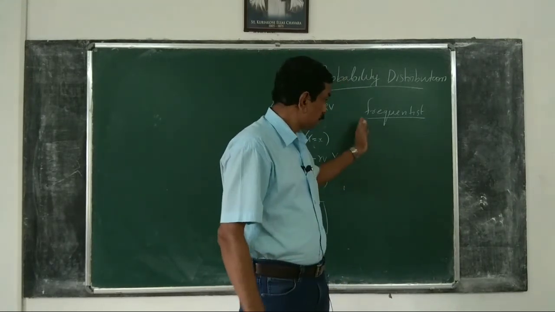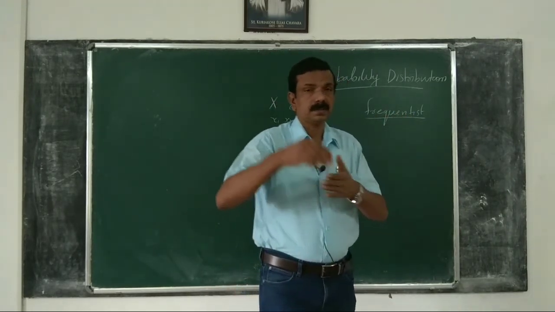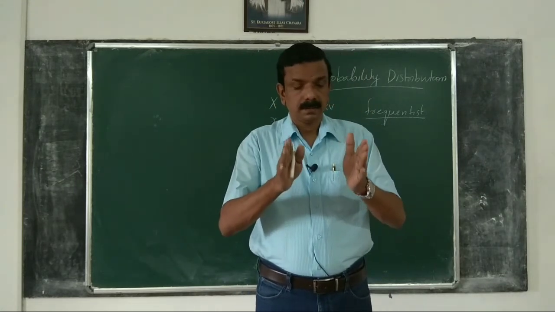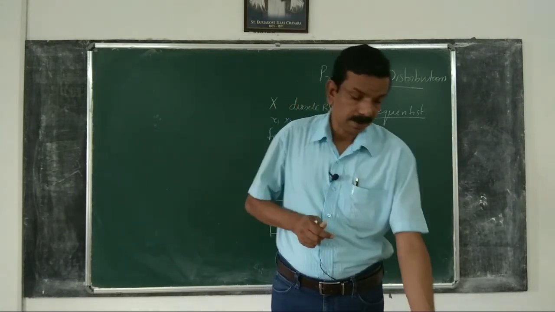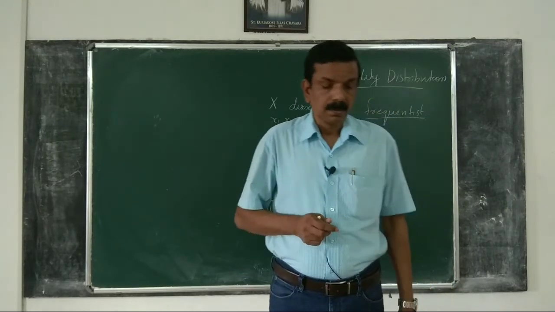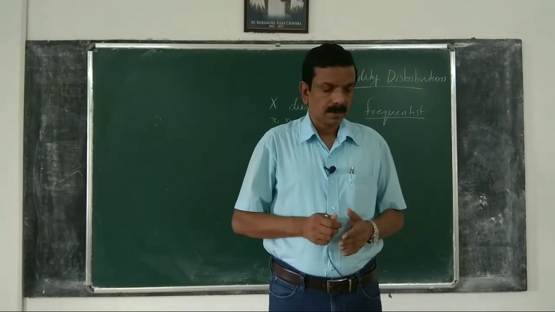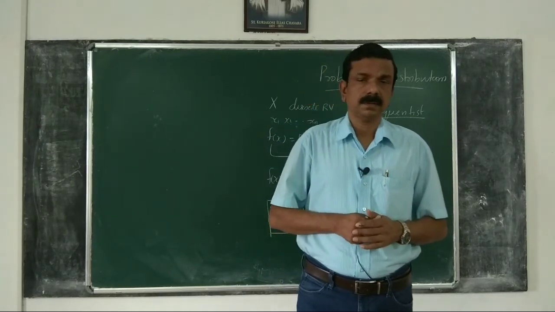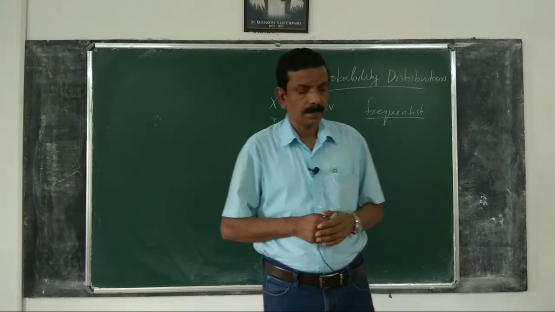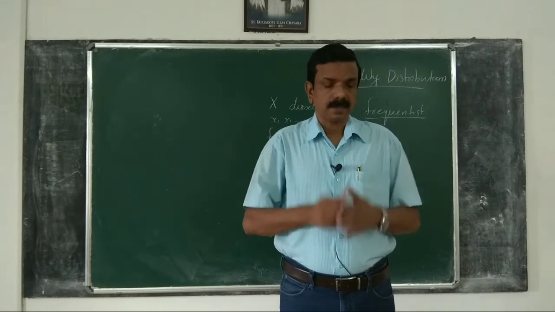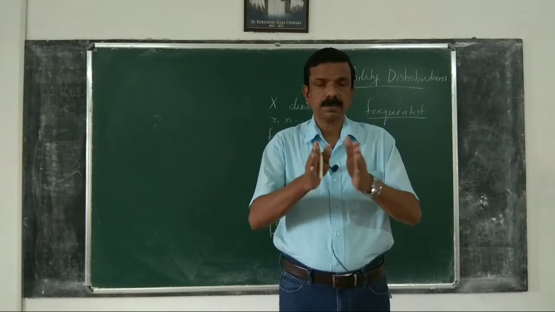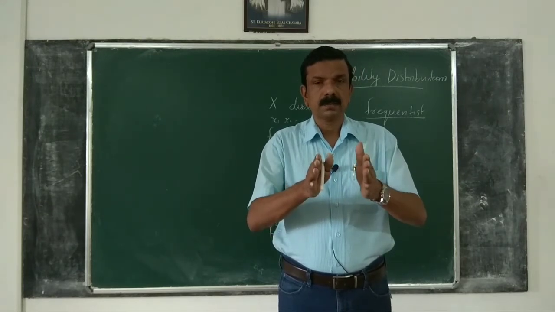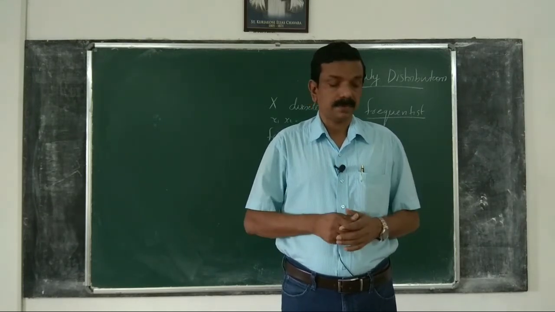Using this, we interpret the probability distribution as follows: in a large number of independent observations of the random variable X, the proportion of times each possible value occurs will approximate the probability distribution of X.